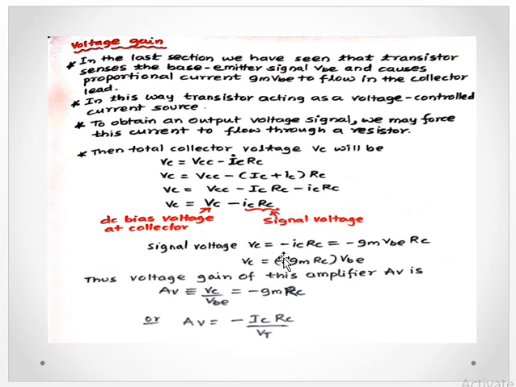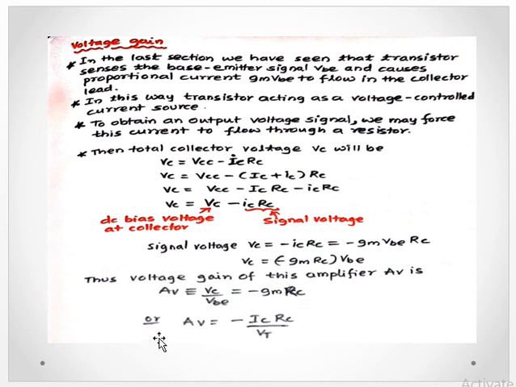The signal voltage minus ICRC is given by GM VBE times RC, or if you rearrange the equation, minus GM RC into VBE. So VC by VBE, if you take this ratio, output voltage by input voltage, the voltage gain is given by minus GM RC.